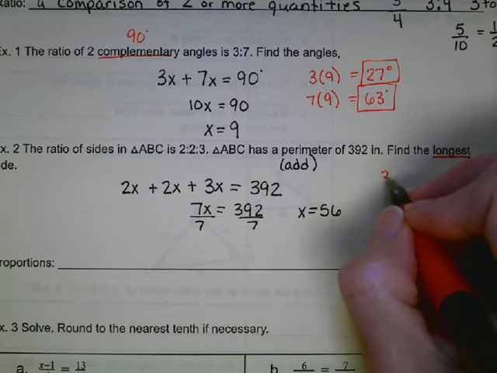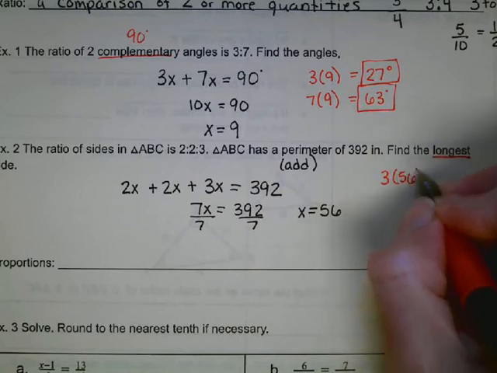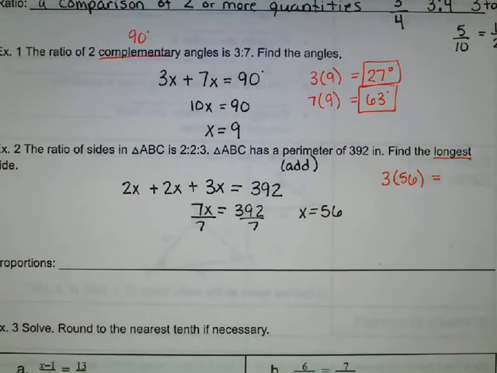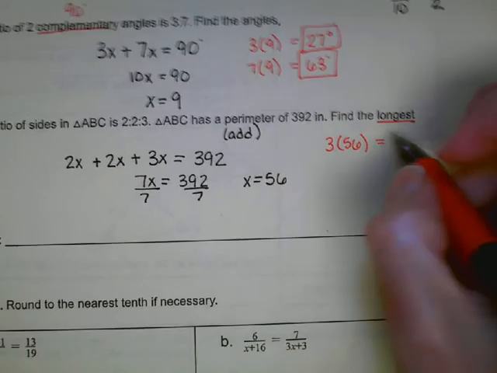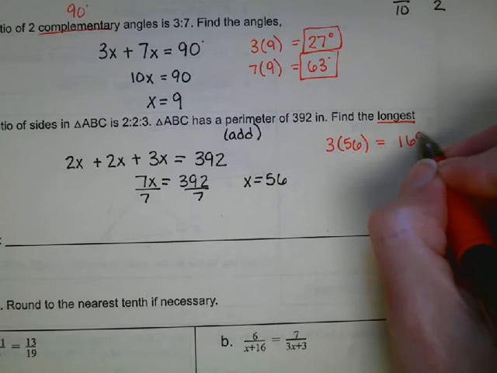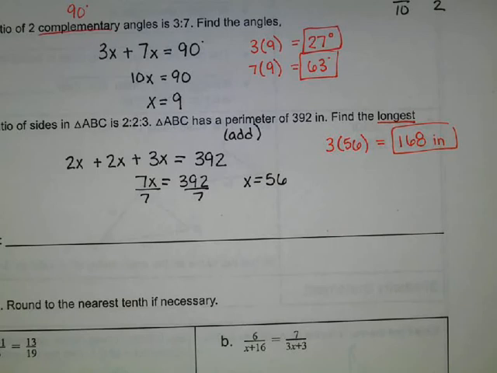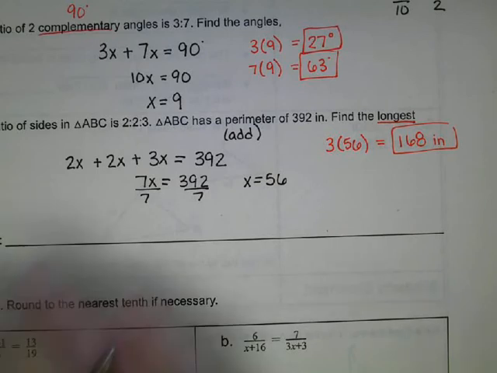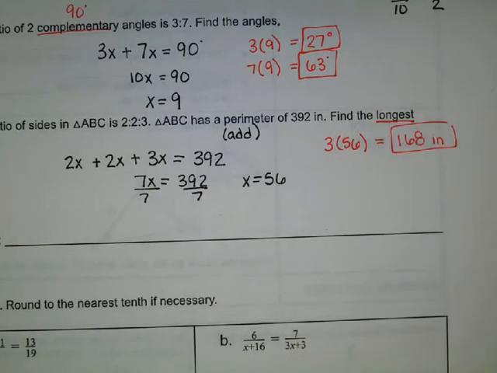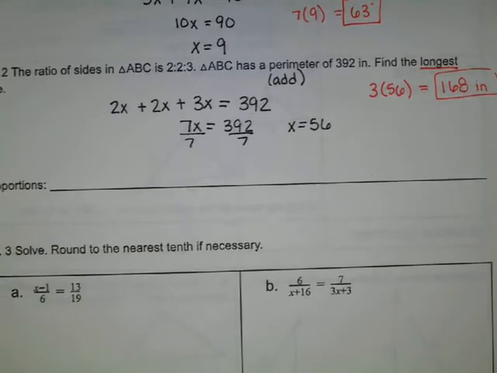So 3 times 56 equals 168. So you could find all the sides, but guess what? The biggest number is going to be the longest side, so that's 168. So those are different types of ratios.